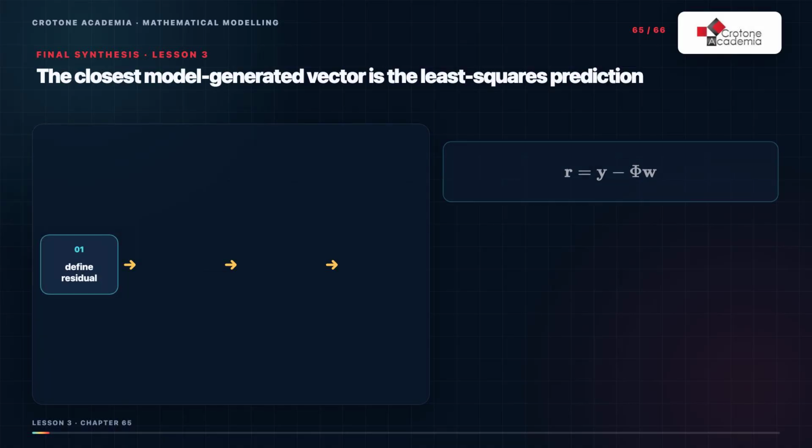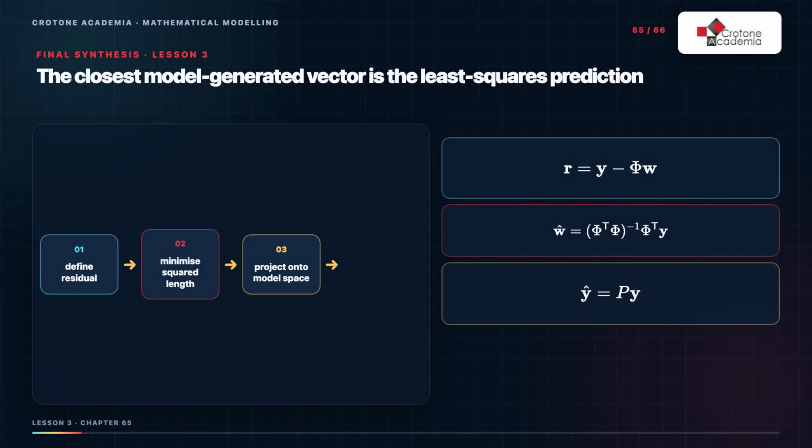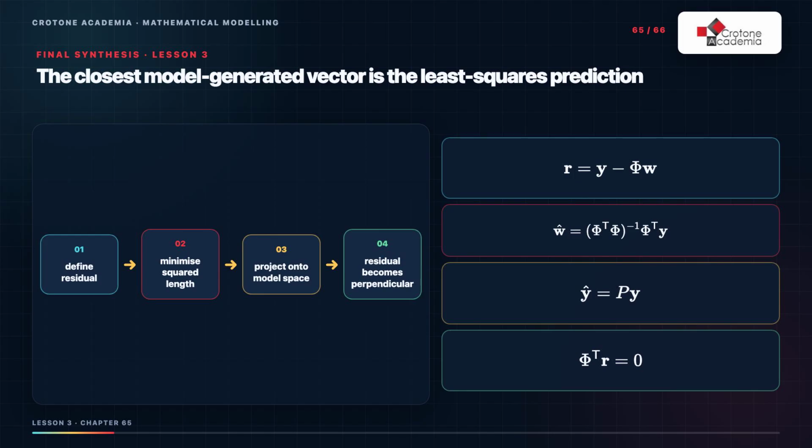Let us collect the full progression. Exact square systems can be solved by ordinary inversion when the design matrix is full rank. Real observations often make exact equality impossible. So we define the residual y minus phi w and choose the weights that minimize its squared Euclidean length. Differentiation gives the normal equations.